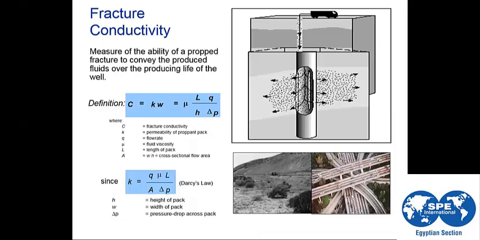Okay, this term can explain the fracture conductivity. The fracture conductivity can be calculated from what? From the fracture width, here the W, and the permeability of the proppant pack, which is K. Also this can be equal to the fluid viscosity multiplied by the length of the pack to have the term of W, which is the fracture width.